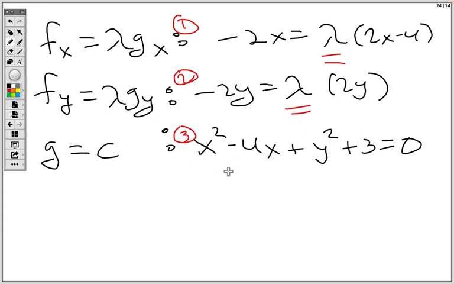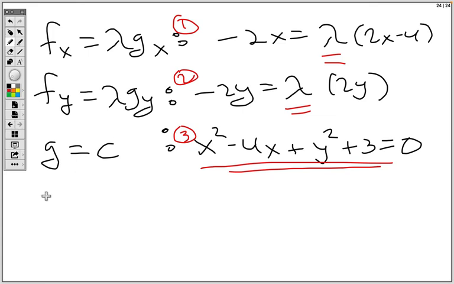If we start with equation 3, is it easy to solve for x or y here? What about equation 2? Is it easy to solve for lambda or y here? Or equation 1, x or y?